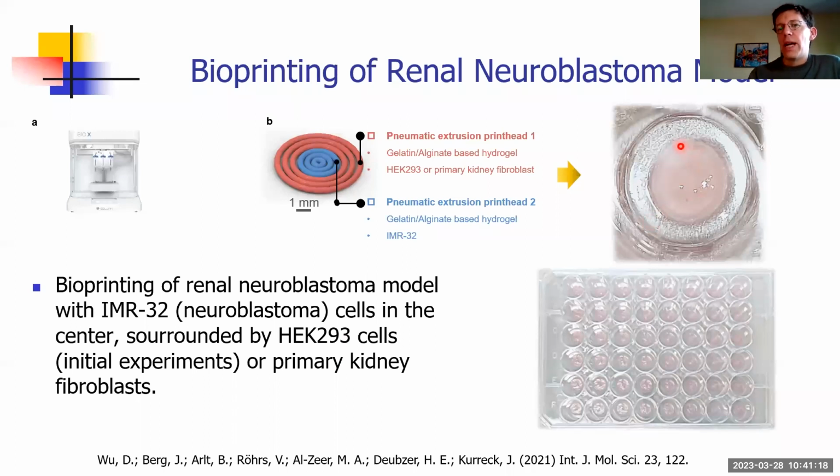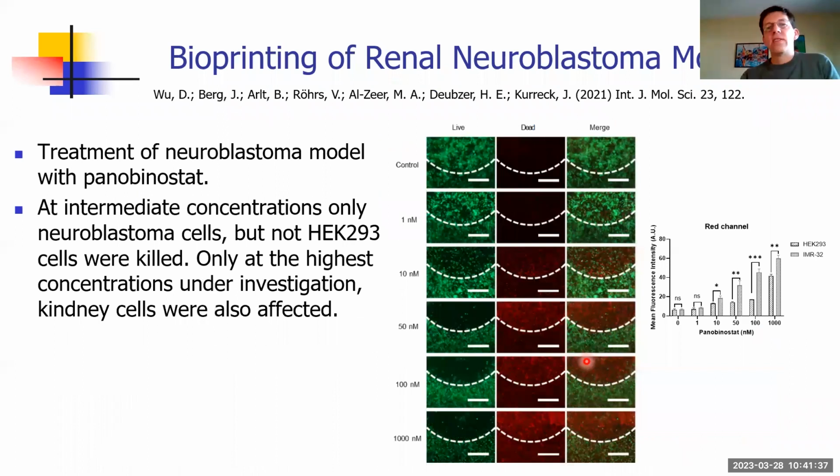In the center, you have the tumor, and the surrounding part is the kidney part. And here we even have a 48 well plate, and you see that these models are highly reproducible, so you can test a lot of substances in this cancer model. We tested panobinostat, which is a therapeutic for neuroblastoma. And here you see a live dead stain. In the center, you have the neuroblastoma cells.